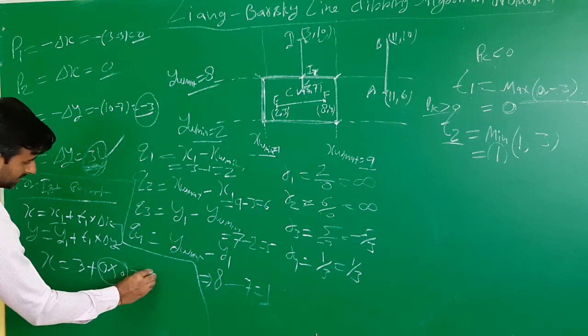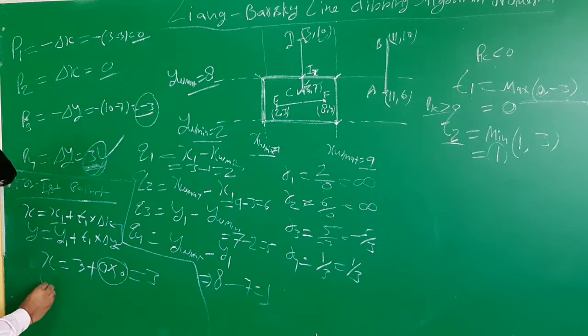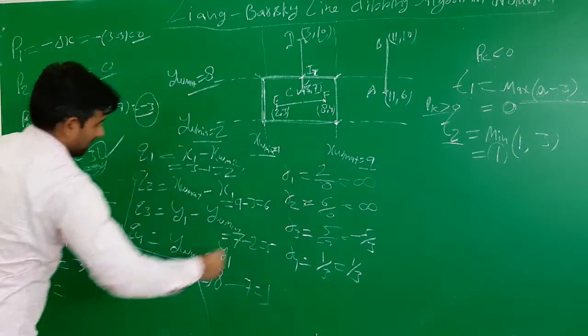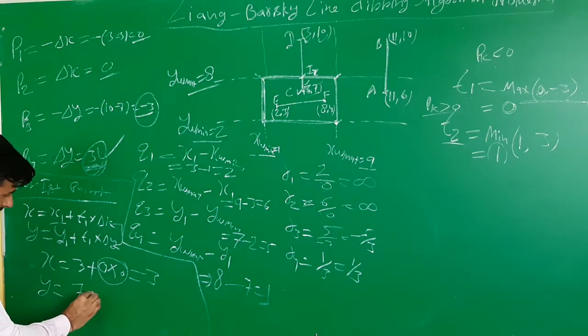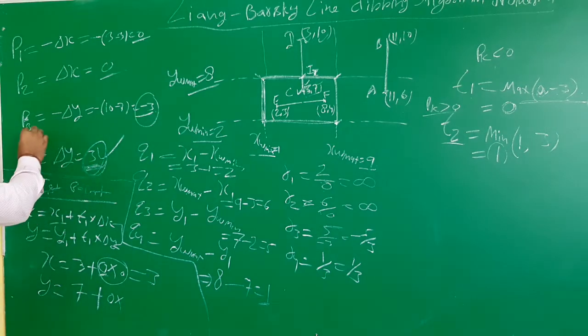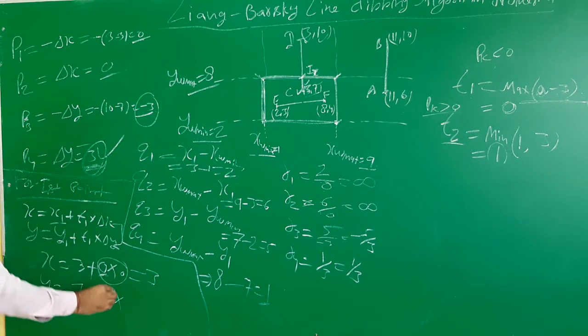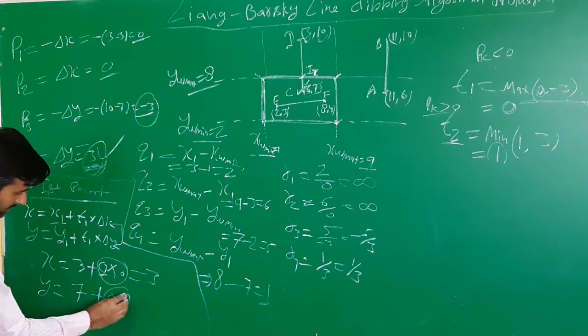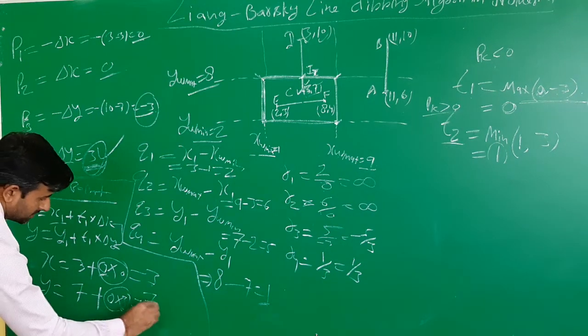Then x will be 3, and y equals y1, which is 7, plus T1, which is 0, times delta y, which is 3. 0 times 3 is 0, so y equals 7.